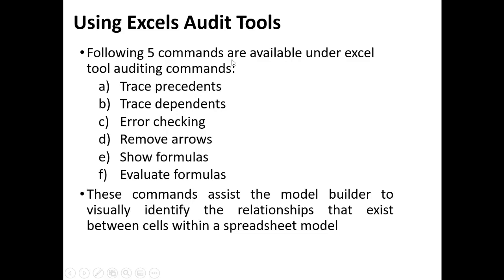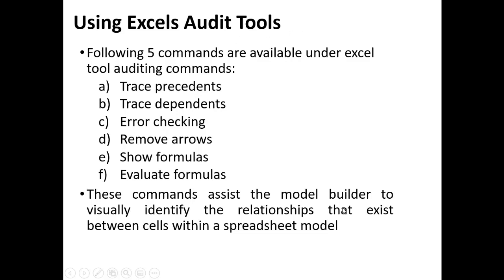So basically there are 5 auditing tools: the trace precedents, trace dependents, error checking, remove errors, show formulas, and evaluate formulas, likewise, right? So we'll be discussing some of these error detecting tools, or we call them the auditing tools.